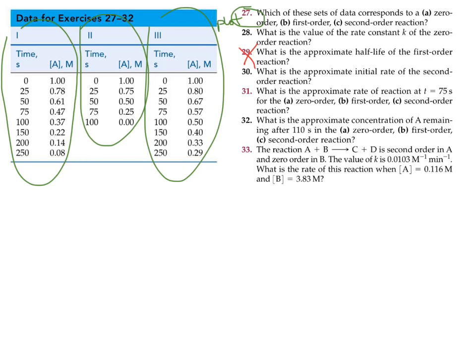30, what is the approximate initial rate of the 2nd order reaction? You should be able to do that. My hint for 30 is: focus on the first 2 data points, because rate changes over time.